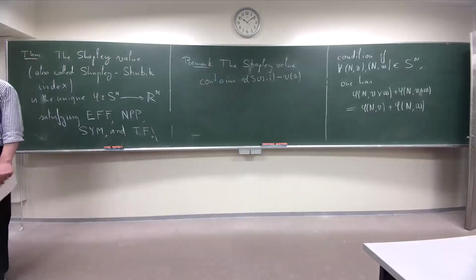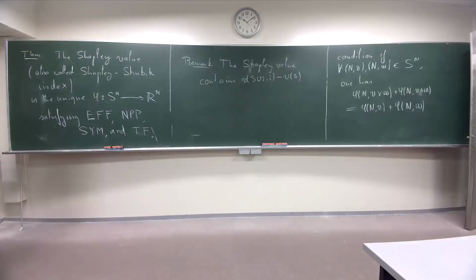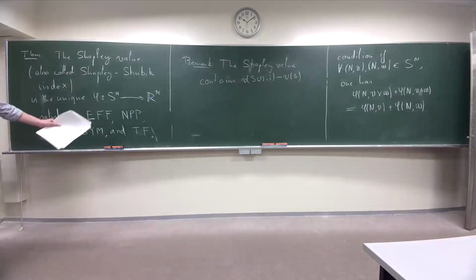But look, here we are for simple games. So these two terms take only two possible values, either 0 or 1. If both are 0, that's not very interesting. If both are 1, they cancel.